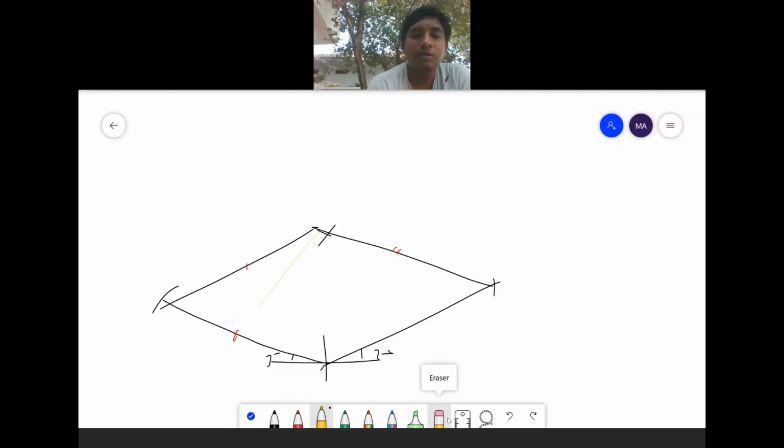I am joining these centers, taking this as center and this as radius for one arc, and likewise for each of the four arcs. I am forming a circle here.